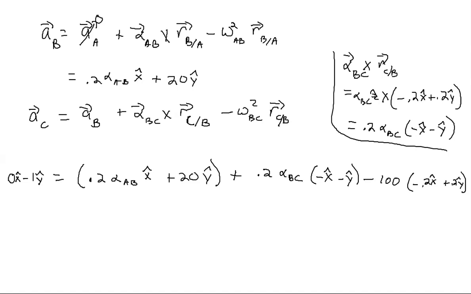In particular, we know the x component is 0, but that's not going to help us because the x component involves both unknowns. Let's focus on the y component. From the y direction, we're going to say minus 1 equals 20 minus 0.2 alpha BC minus 100 times 0.2, that's minus 20.